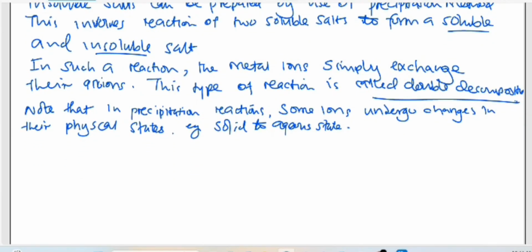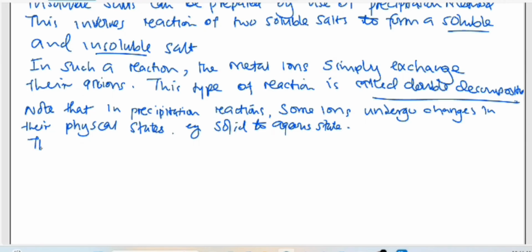During these reactions, some ions participate in the formation of the salts, and others do not participate. The ones that do not change their physical states are called spectator ions.